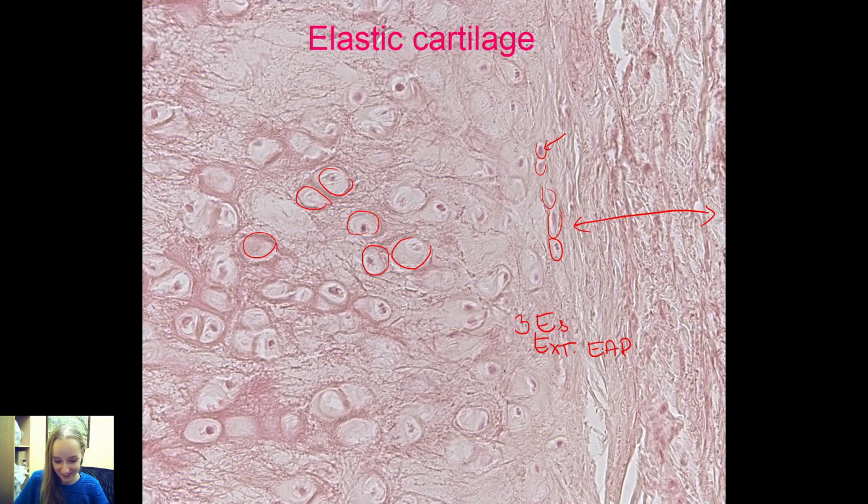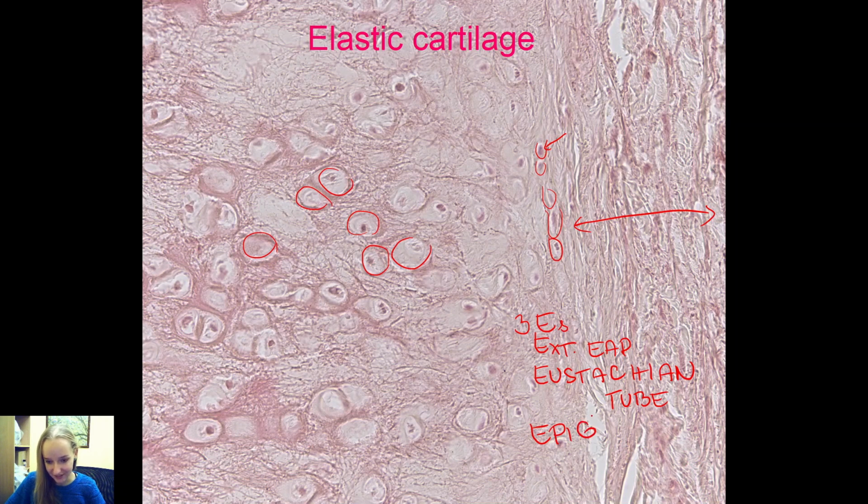So the external ear. Then we have the Eustachian tube. I don't know how to pronounce it correctly, but I'm going to write it so we can see it. The Eustachian tube is connecting the nasopharynx with the middle ear. And the epiglottis.